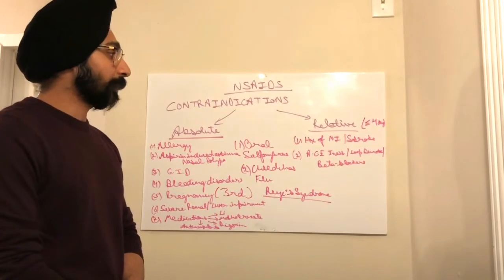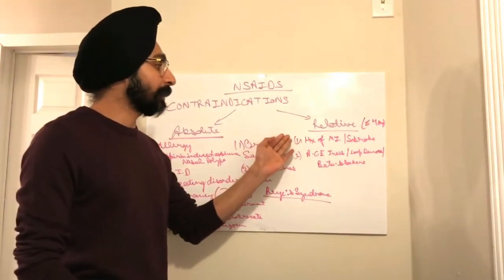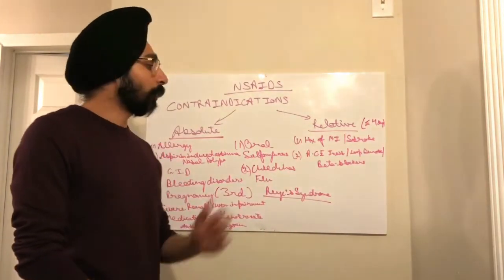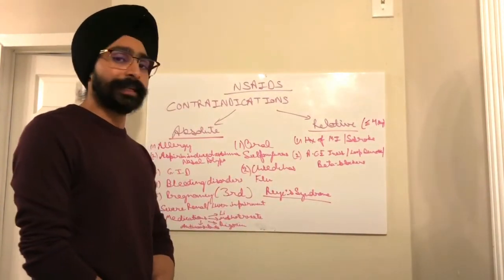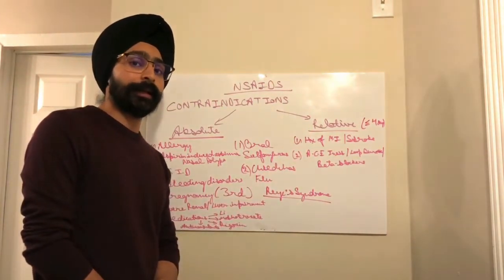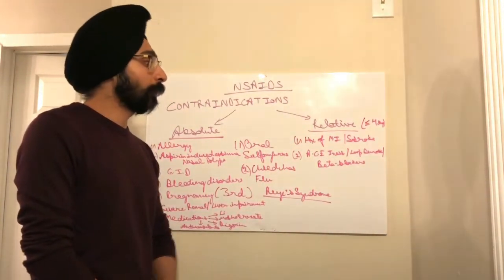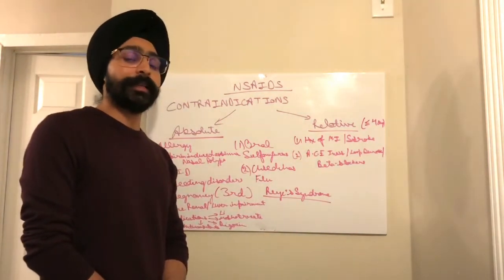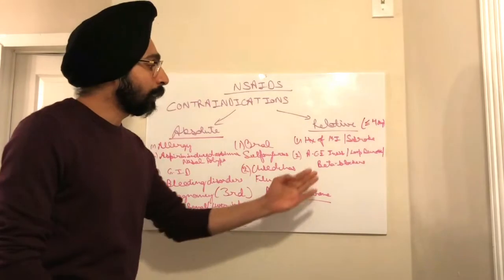So the examples are if a patient has a history of myocardial infarction or stroke, and the second group is if a patient has been taking ACE inhibitors, for example, enalapril, captopril, lisinopril, loop diuretics, for example, furosemide, ethacrynic acid, bumetanide, beta blockers.